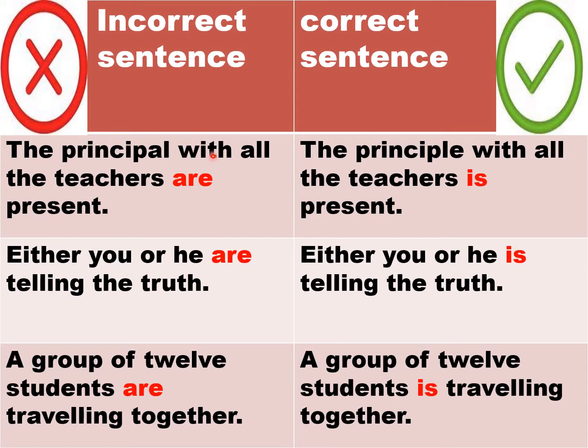The principal with all the teachers are present. The principal is singular, so a singular verb must be used. When using with, along with, together with, as well as, the verb should agree with the first subject. The principal is the first subject, so we must use the singular verb.